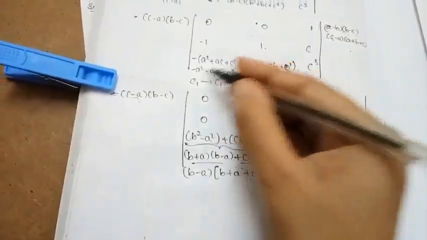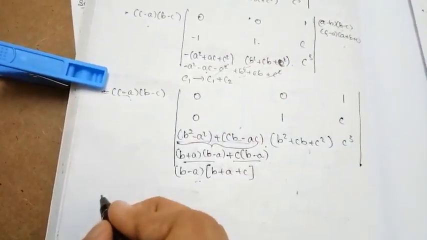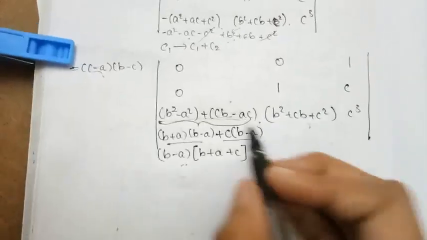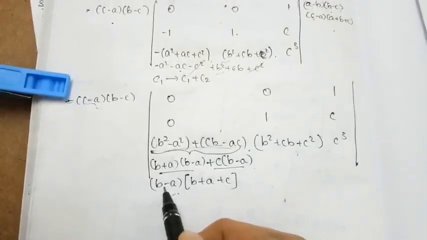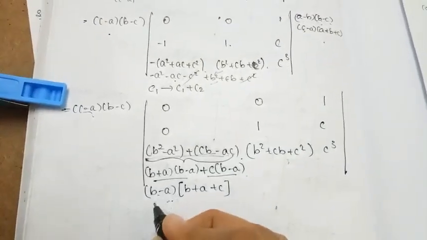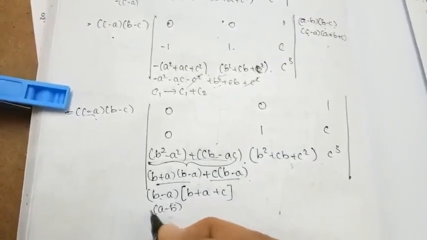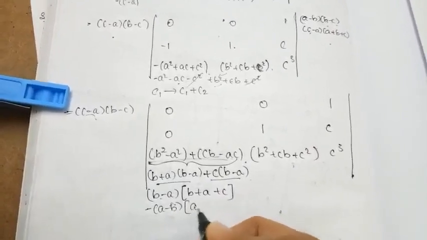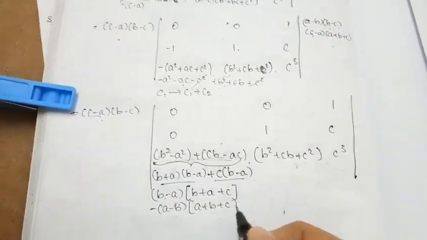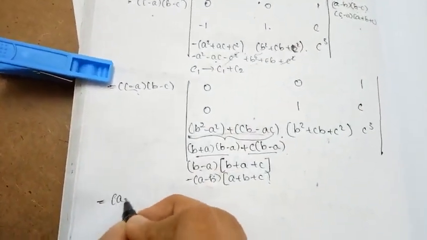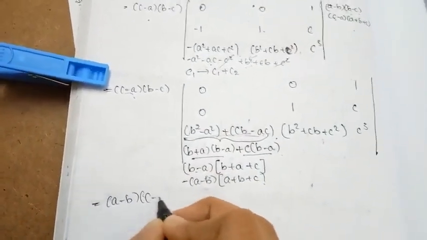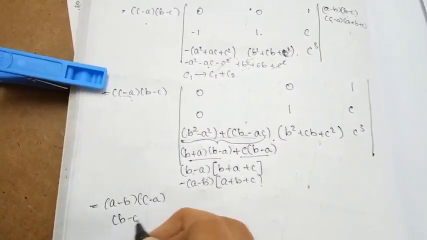So from column 1 I can take b minus a common outside, right? But what we required is a minus b, and what is there is b minus a. So if I write a minus b, minus is common, so it becomes a plus b plus c. If I take a minus b common outside, what happens? a minus b, c minus a, b minus c.